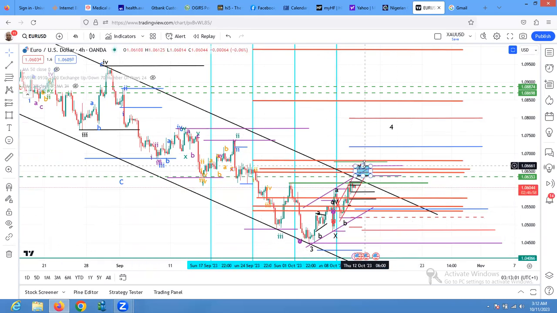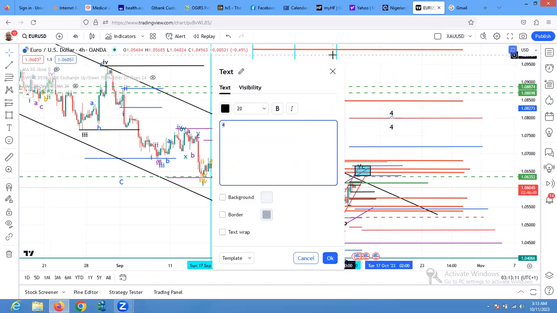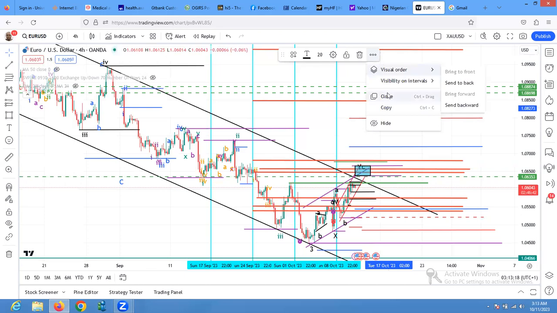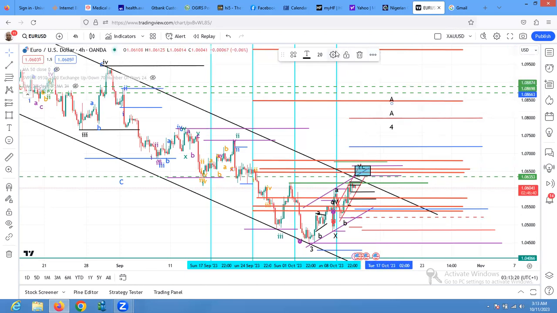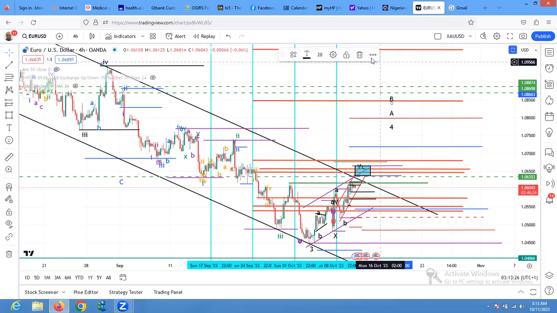This might now be A, and this might be B. So let's just do that. We are looking at this being an A, to have a B, to have a C.